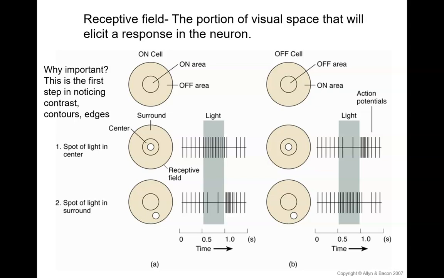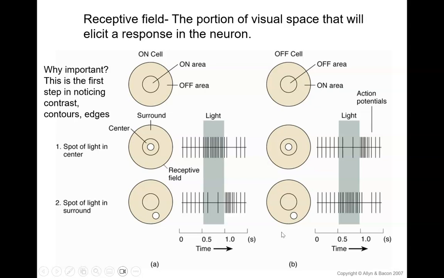Now, both the receptive fields of bipolar cells and ganglion cells have two parts. They have a circular part in the center and then the circular part that surrounds that, which we are calling the surround.